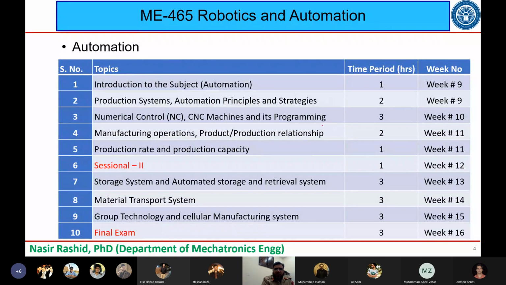Okay, good enough. Then numerically controlled machines, in which we do CNC programming, G and M codes. This is serial number 3. No, sir. Okay, you have not studied G and M codes also. Then I suppose that you have not gone through this course, but still I would ask you one by one. Then there are manufacturing operations, production rate and capacity.